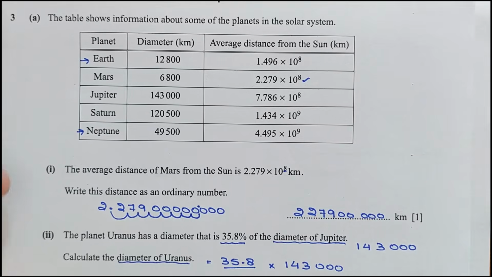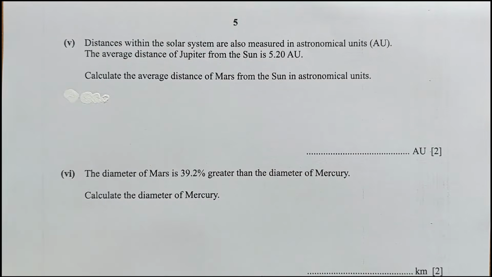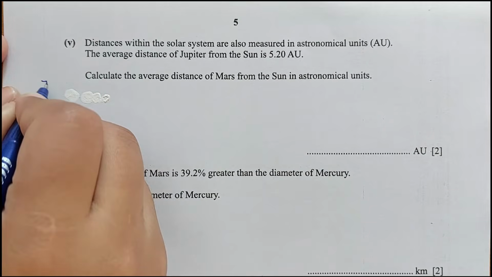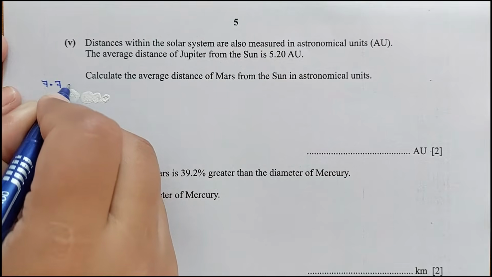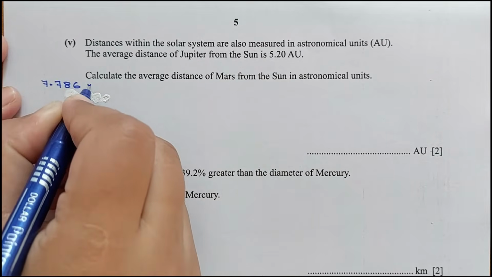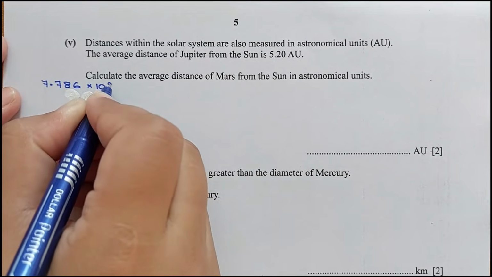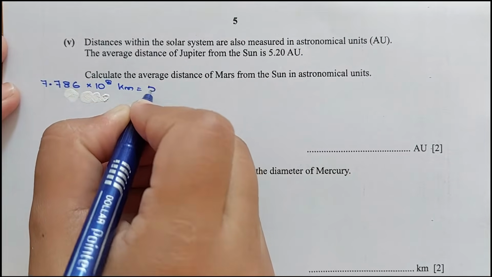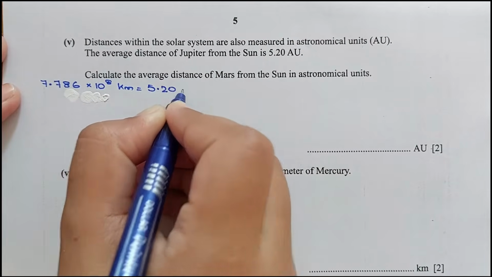This is also equivalent to 5.20 AU, which is given to us. So we can say that 7.786 times 10 to the power 8 kilometer equals 5.20 AU.